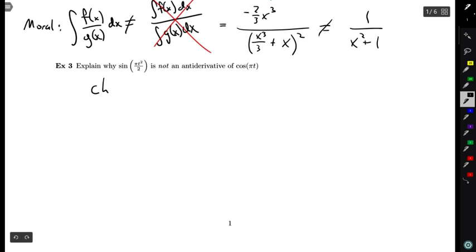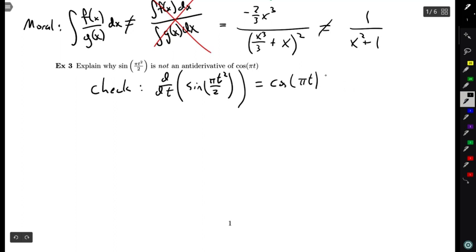So again, we want to check, is the derivative of the proposed antiderivative, sine of pi t squared over 2, and I should be using t as my variable here, equal to cosine of pi t?